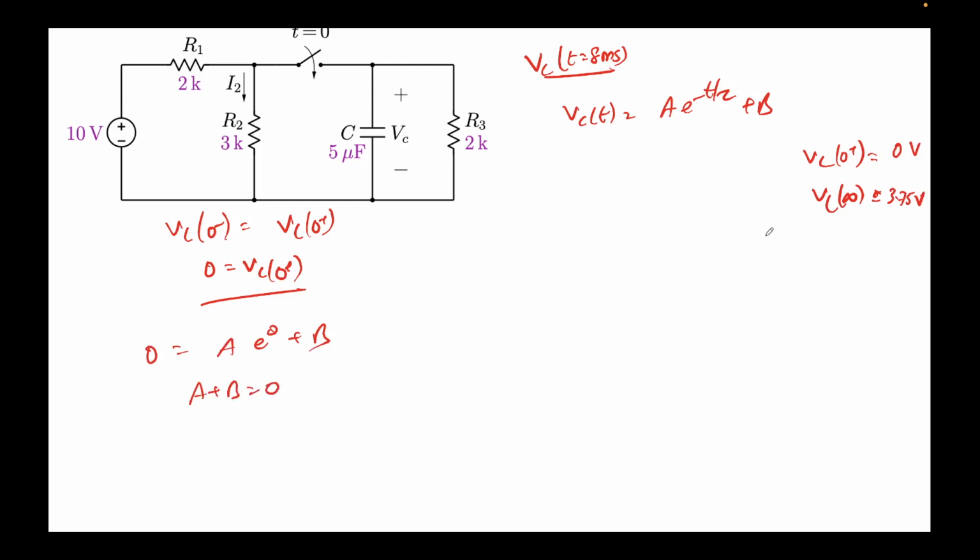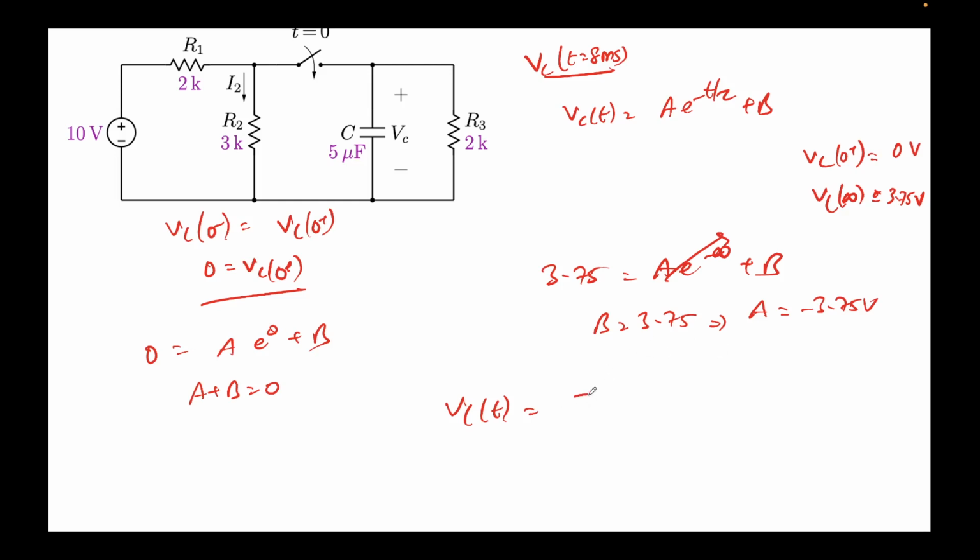Secondly, at time t equal to infinity, it would be 3.75 equal to A e to the power minus infinity plus B. This term vanishes, so B comes out to be 3.75. This implies A comes out to be minus 3.75 volts, and thus VC as a function of time will come out to be 3.75 times 1 minus e to the power minus t by tau.